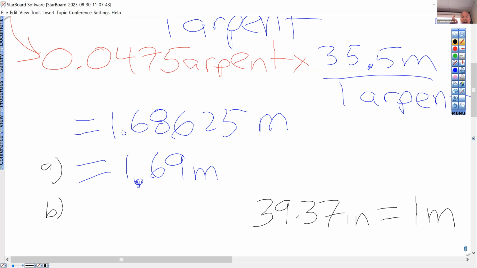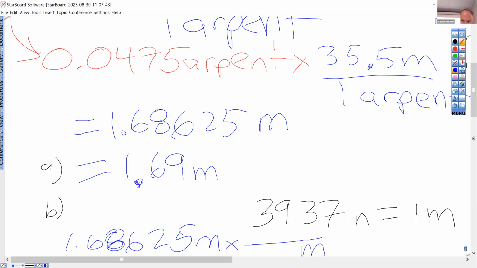The number to be converted is the 1.68625 meters. So here's the start to your answer. That was just research there on the screen, 39.37. So remember I told you to use the 1.68625 times something that gets rid of meters.